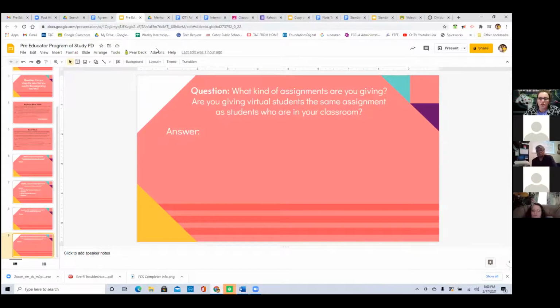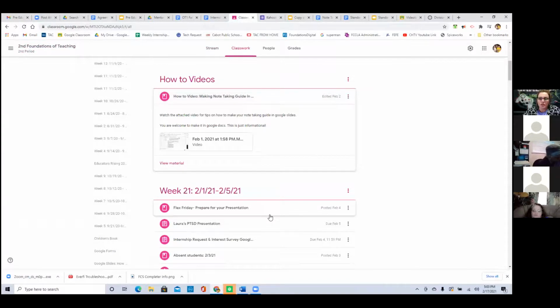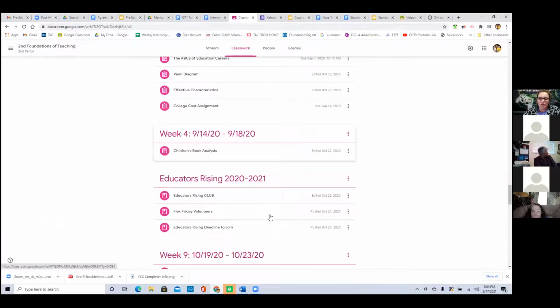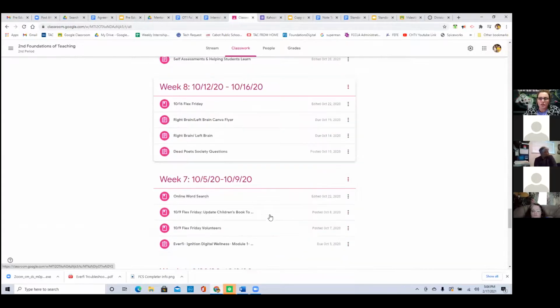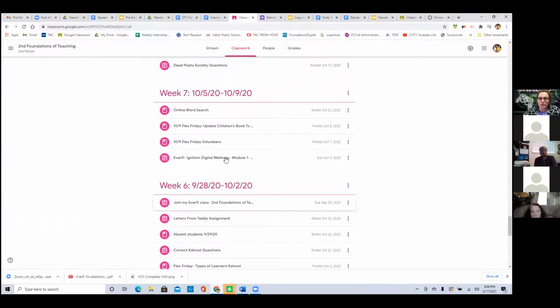Okay, for this one about the virtual assignments, I'm just going to go through my classroom and see how I've adjusted things. For assignments, I don't know if you guys use EverFi, but there is this one here, the Ignition Digital Wellness.